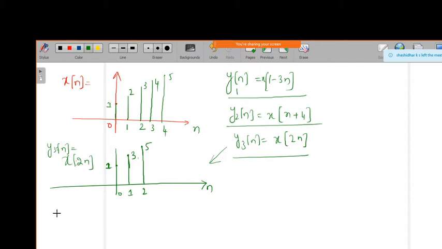Now similarly y2 of n. Shift it by the value 4, is it not? It is not a difficult one. If you just shift it by 4, then the amplitude value 5 will move to 0, and the indices will be minus 1, minus 2, minus 3, and minus 4.